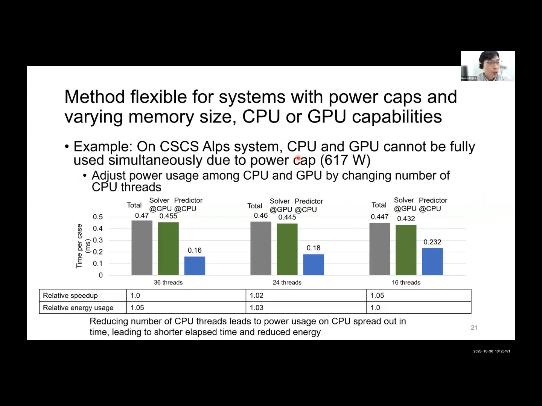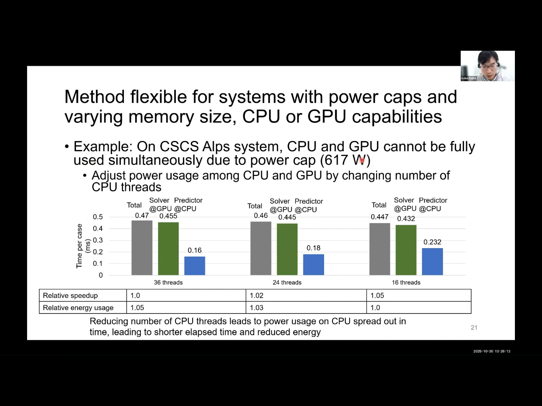And we can adjust the parameters of the proposed method such that this is flexible for power caps and varying memory sizes. On the CSCS Alps system, the CPU and GPU cannot be fully used simultaneously due to the power cap.